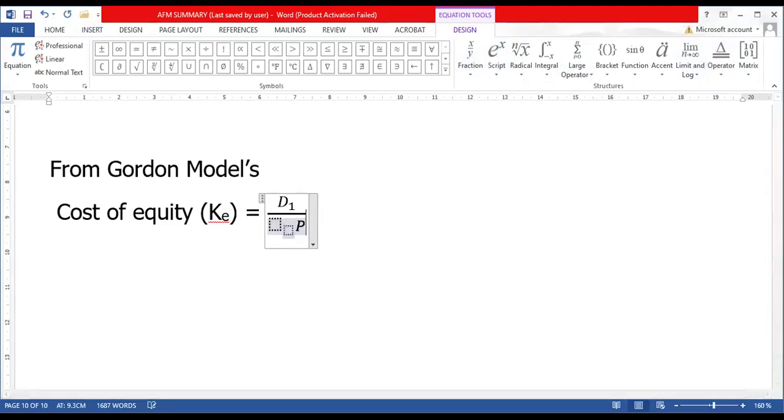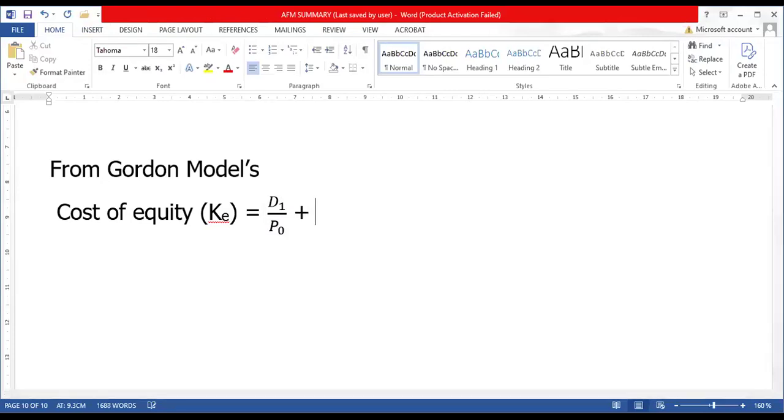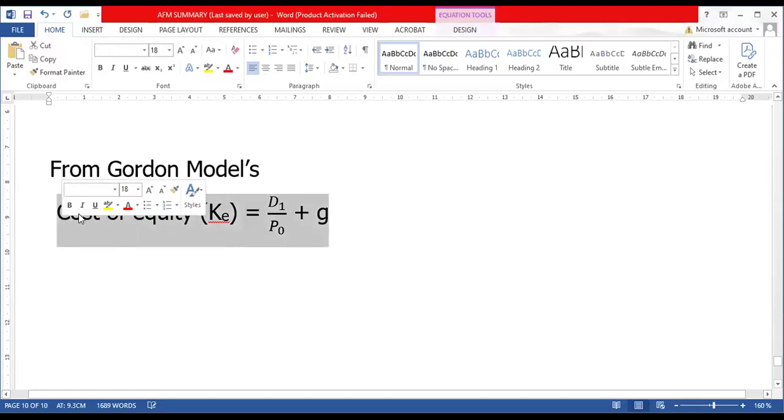I'm going to tell you what D1 over P naught is. Then add the dividend growth rate. So this is Gordon's model.